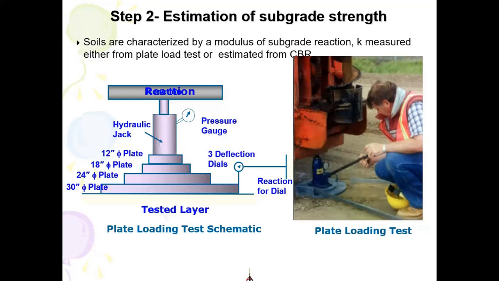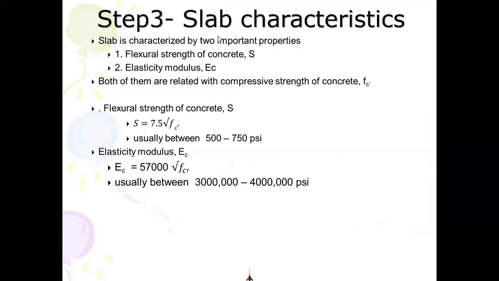Now, once you know this K value, then the slab, the PCC slab, will be resting on your subbase, and the subbase will be resting on the subgrade, as you know, in the pavement section. You assume the flexural strength of the slab, and the flexural strength is dependent on the elasticity modulus.